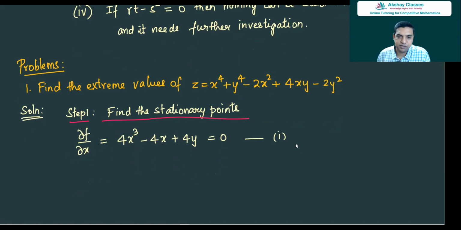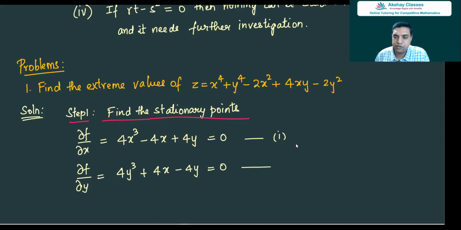Then dou z by dou y: 4y cube plus 4x minus 4y equal to 0.